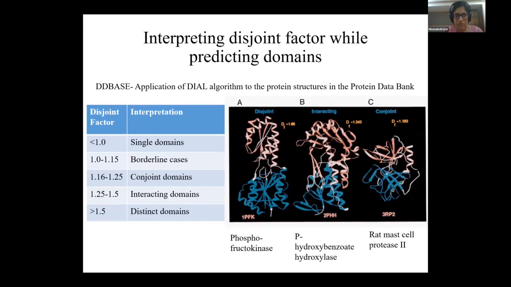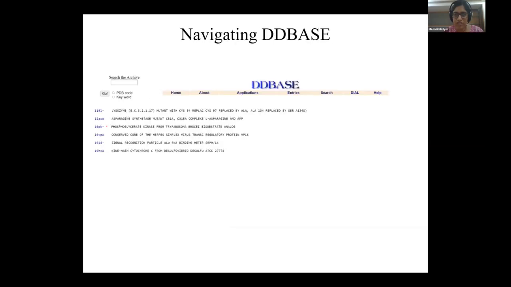With this, I will switch gears and talk about a database wherein the entire set of crystal structures in the PDB Data Bank, we have tried out the DIAL algorithm, and we have populated the results in the form of a database. In the DDBase database, we can navigate by going to the Entries tab.